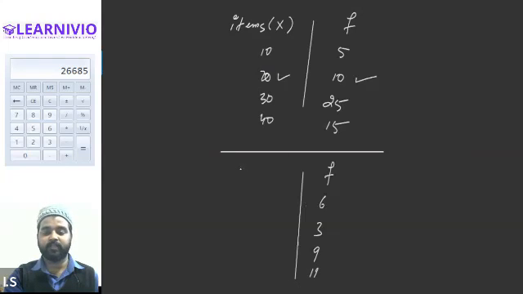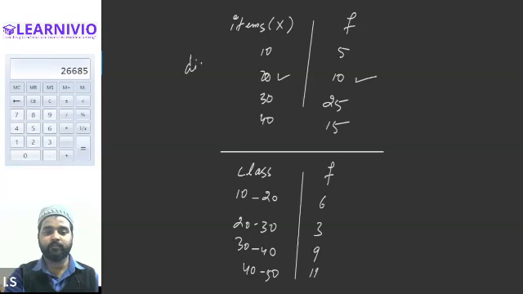But the data is given in the format of class intervals: 10 to 20, 20 to 30, 30 to 40, and 40 to 50. So if items along with their frequency are given, it is called discrete. If classes along with the frequency are given, it is called continuous series. And if only items are given, with no frequencies, it is called individual series.